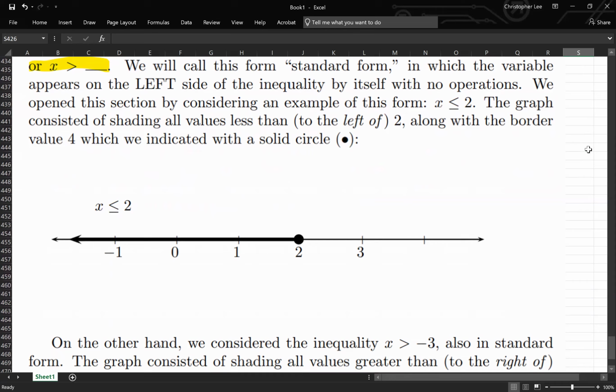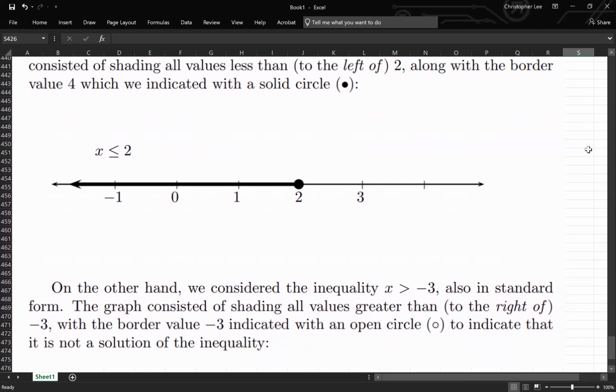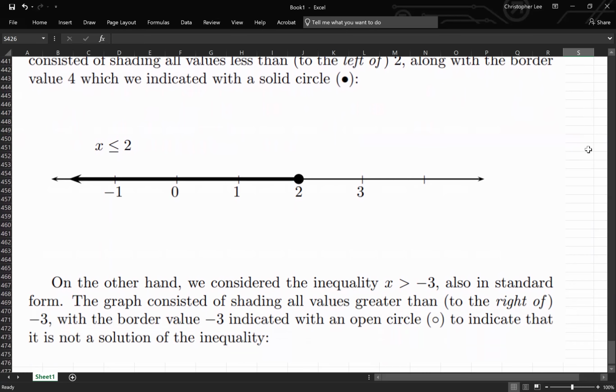On the other hand, we considered the inequality x greater than -3, also in standard form. The graph consisted of shading all the values greater than, to the right of, -3, with the border value -3 indicated with an open circle to indicate that it is not a solution of the inequality.